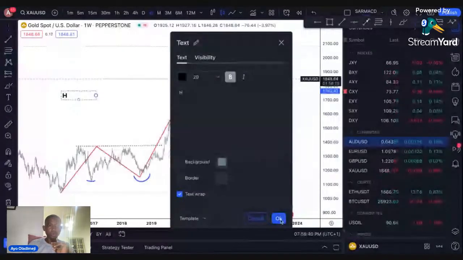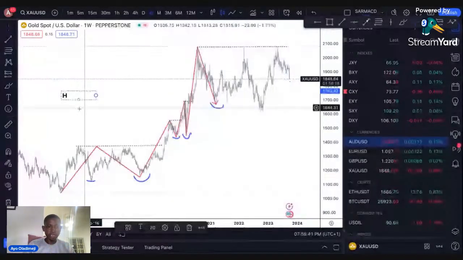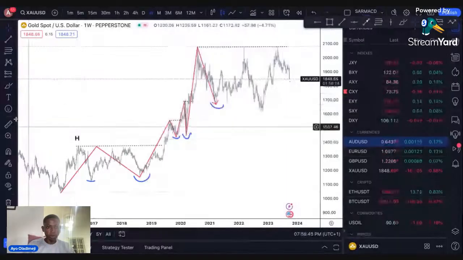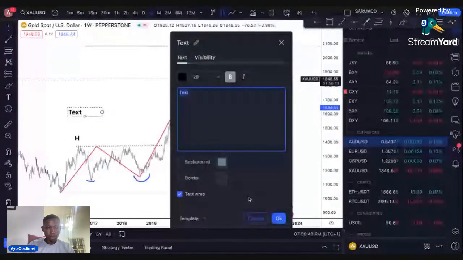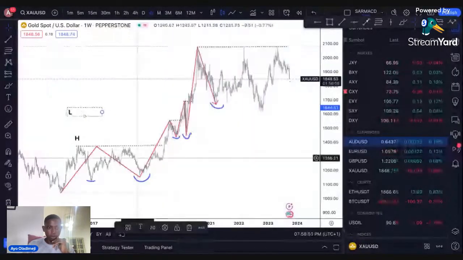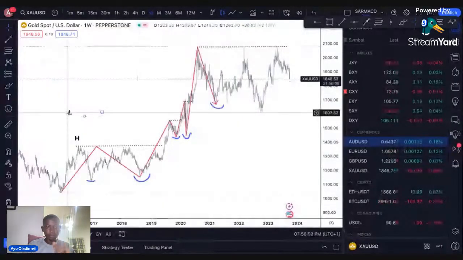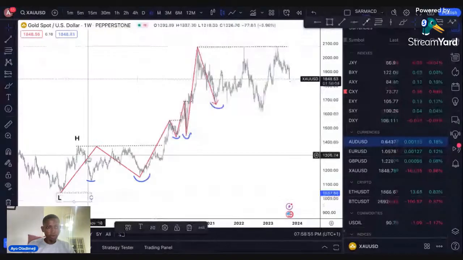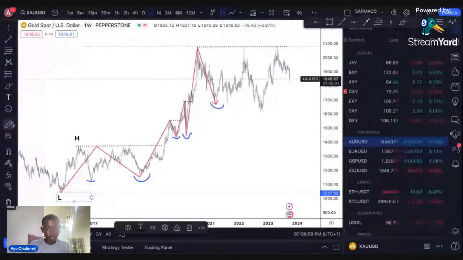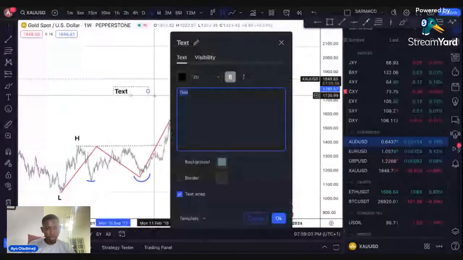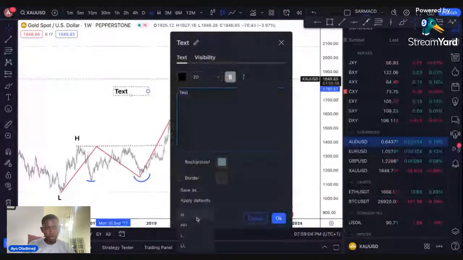Okay. So this is the high here, right? And then we have the low here. And then we have the lower high, if I'm right. We have the lower high.